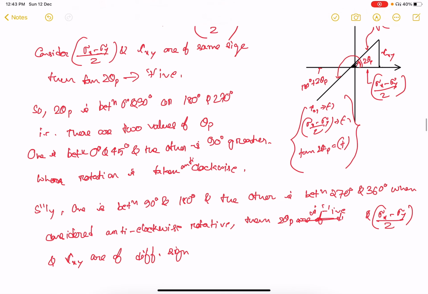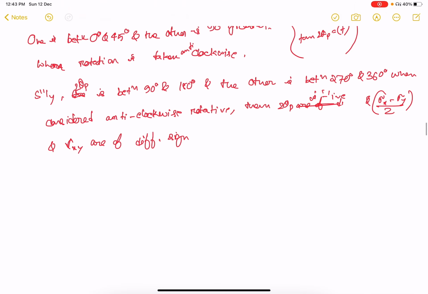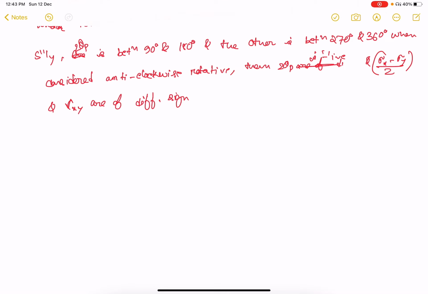If those two are of different sign, then tan 2θp will be in this coordinate. So tan 2θp is equal to plus or minus 2 tau xy divided by (sigma x minus sigma y).